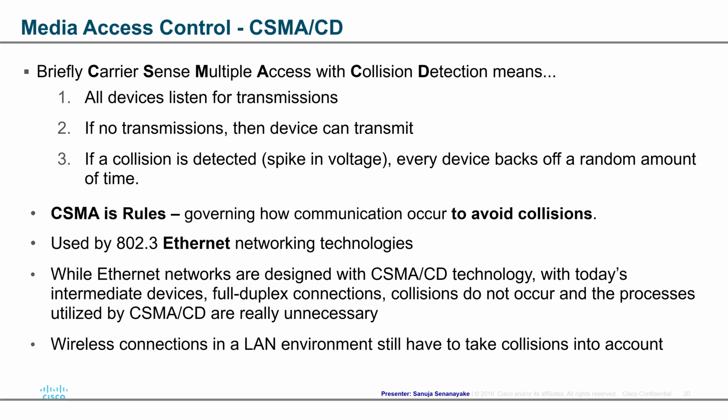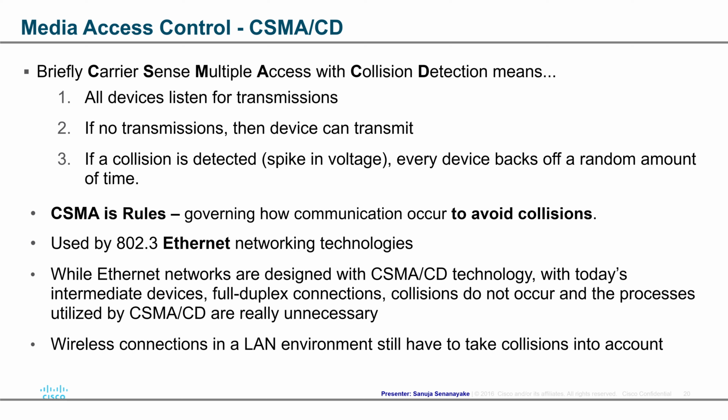So we can summarize carrier sense multiple access with collision detection just like this. All devices listen for transmission. If there are no transmissions, then the device can transmit. If a collision is detected, which is a spike in voltage, every device backs off a random amount of time.